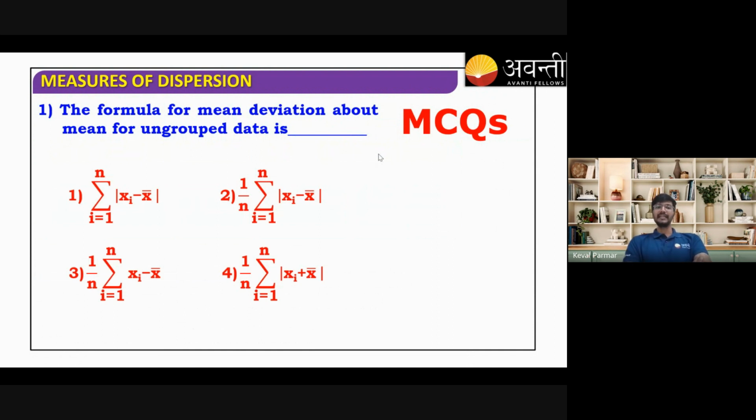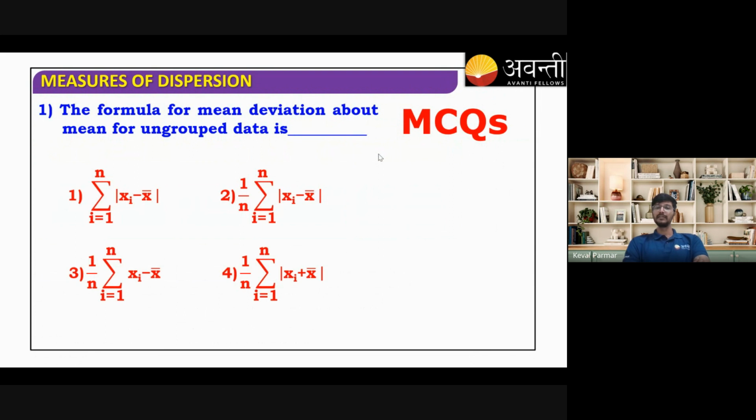Basically, we have to find the mean. So for finding the mean, we have to get the sum of all observations. Sum is summation upon the total number of observations.